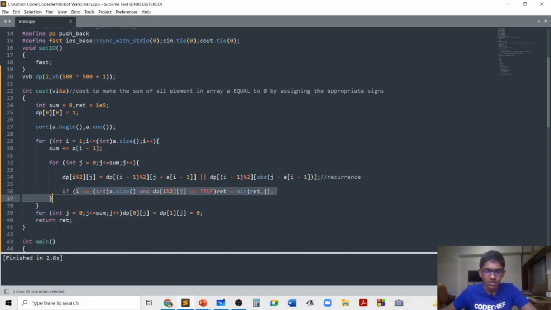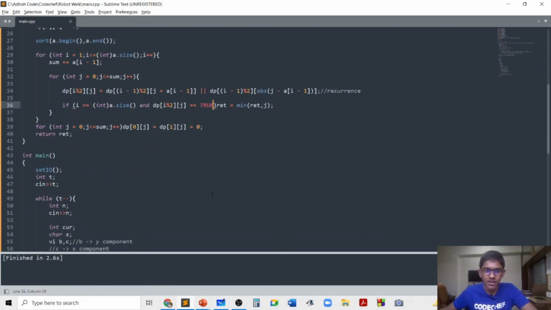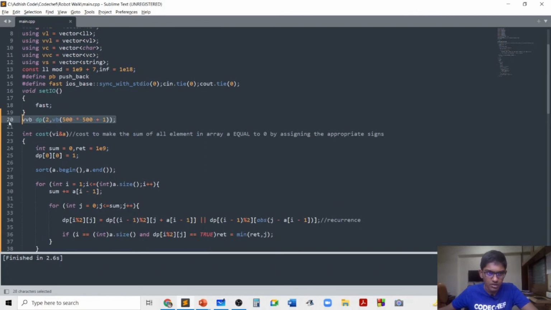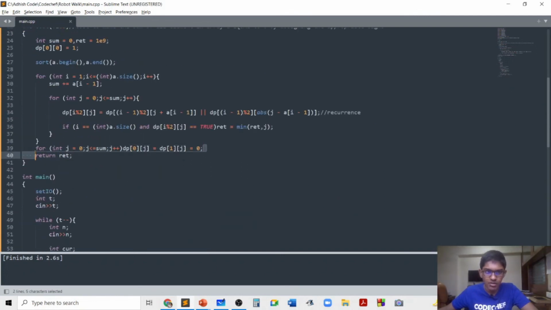In that case, we update the return value and we just print the return value. Notice that I'm using dp repeatedly. That's why I need to re-update them to all zeros, and in the end I return.